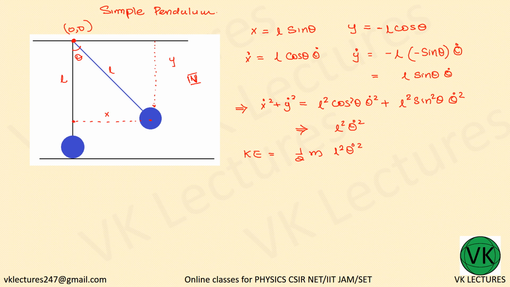So now the potential energy V is equal to mg into y, because gravity is in the downward direction. So y is equal to minus L cos theta. So V is equal to mg into minus L cos theta.